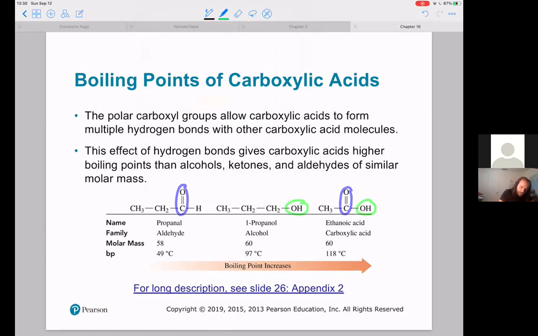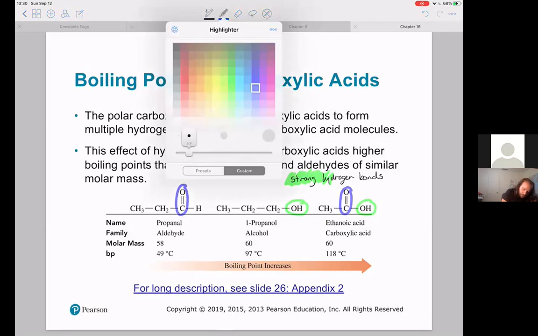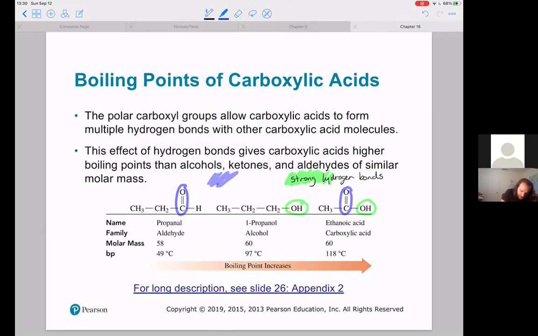Because again, we talked about how these OH groups form strong hydrogen bonds, compared to when we were talking about our aldehydes and ketones. These have slightly weaker, what are called dipole interactions.